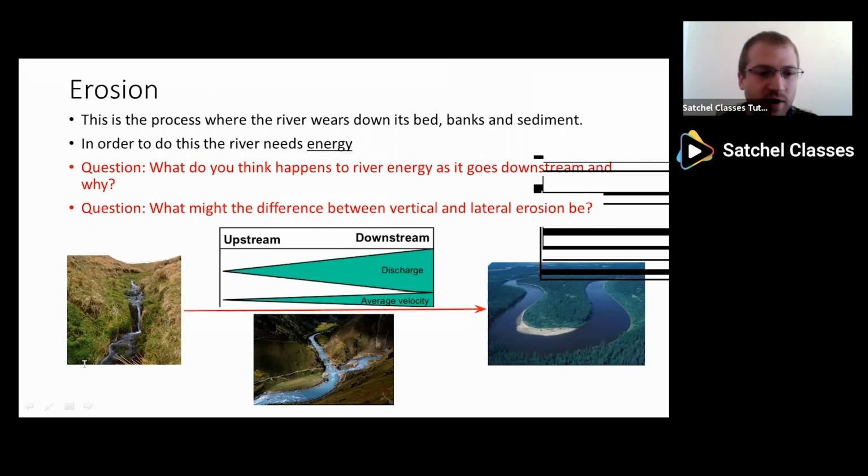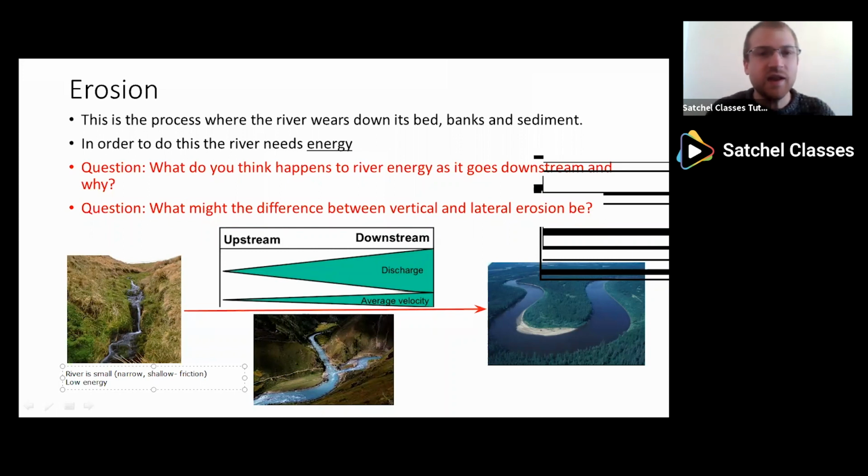Well, first of all, we can see here the river is small, so it's narrow, shallow, so there's going to be friction taking place. That's what we can see with white water. So therefore we can assume safely that there's low energy here.